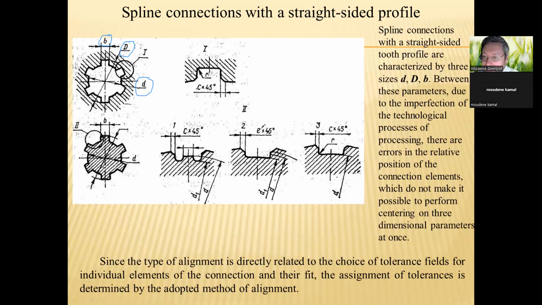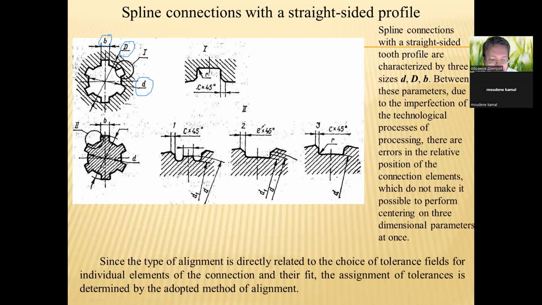due to the imperfection of the technological processes of processing, there are errors in the relative position of the connection elements, which do not make it possible to perform centering on three parameters at once.